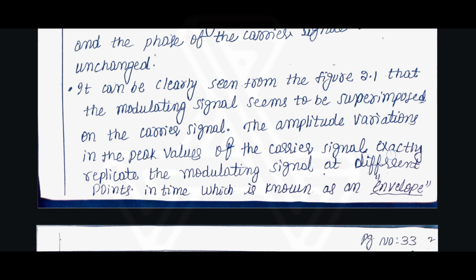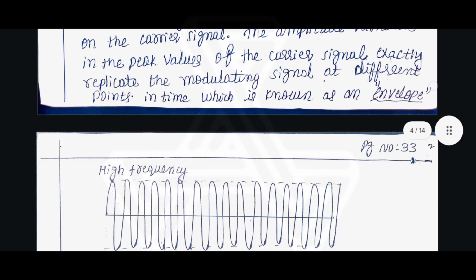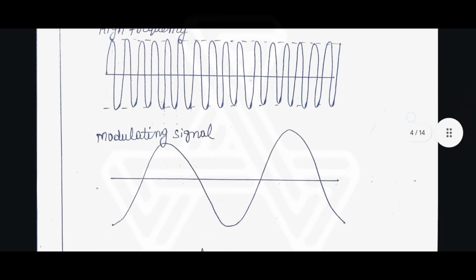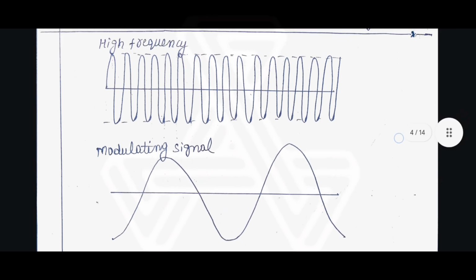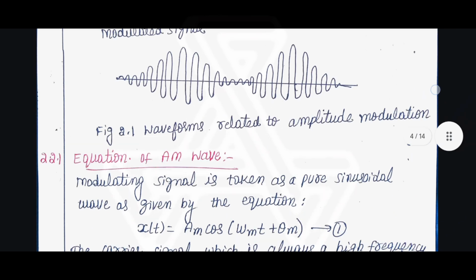The amplitude variations in the peak values of the carrier signal exactly replicate the modulating signal at different points in time, which is known as an envelope. High frequency carrier signal. Modulated signal. Waveforms related to amplitude modulation.